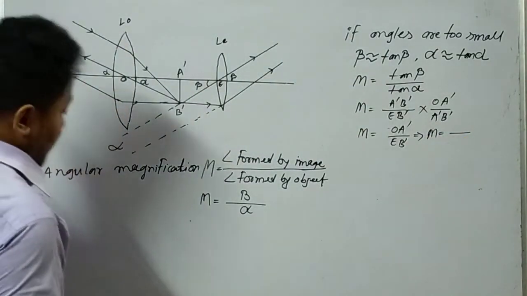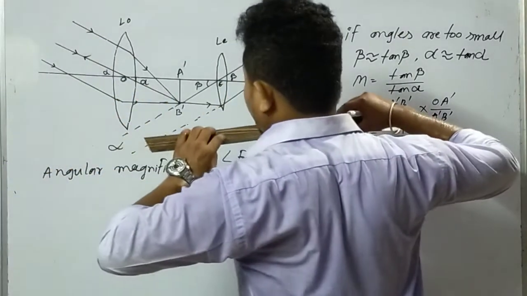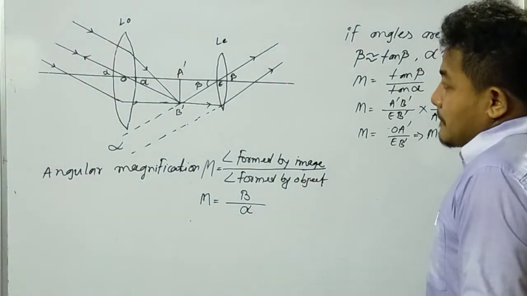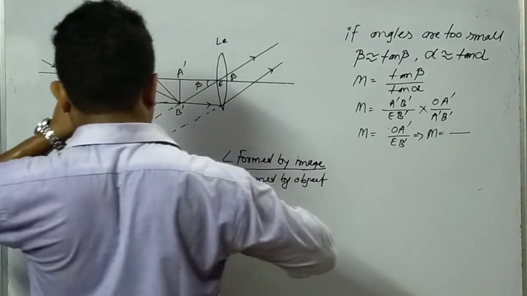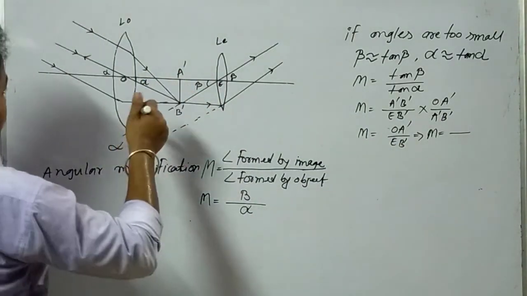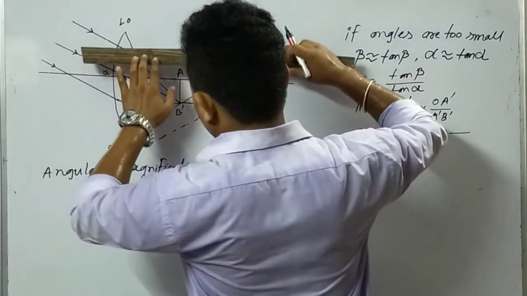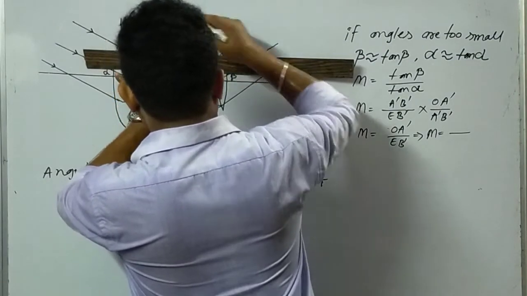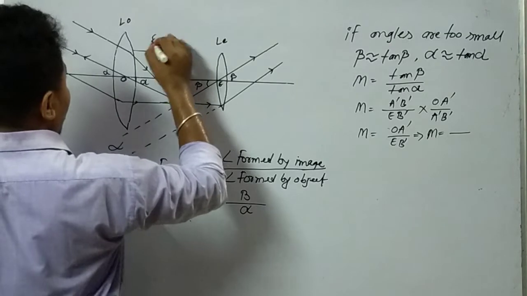I forgot to give some value again. I am giving it so that you don't have any confusion. Okay, so this will be up to here. That means where this image is forming, this is the focal length FO.